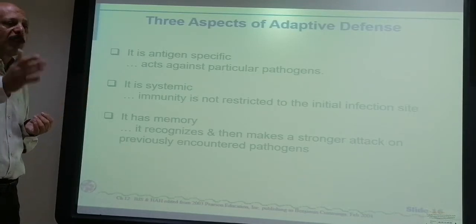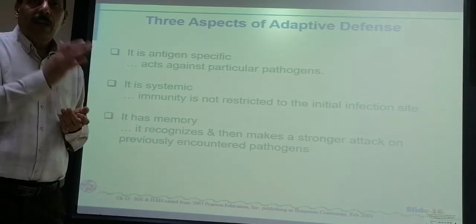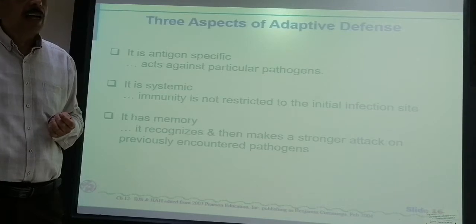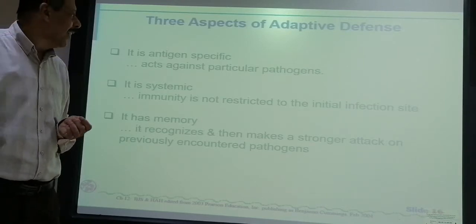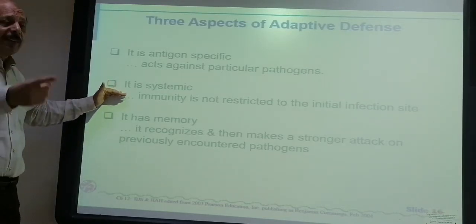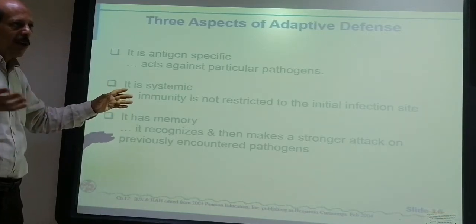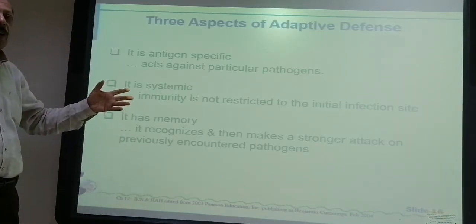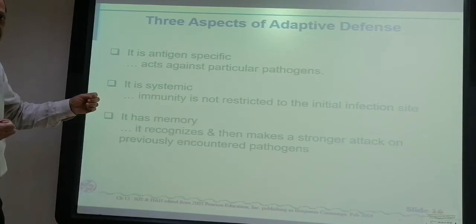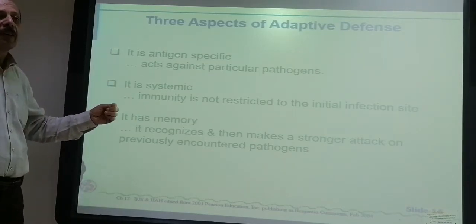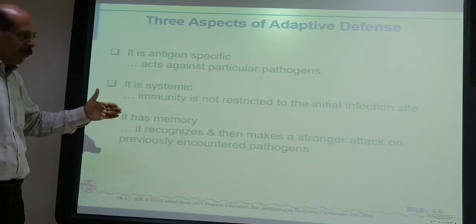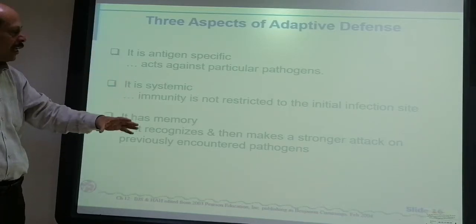So the antibody for tuberculosis will not act for syphilis. It is systemic. Those antibodies are circulating in the blood, present in our plasma, and are ready to attack those antigens if they come again.